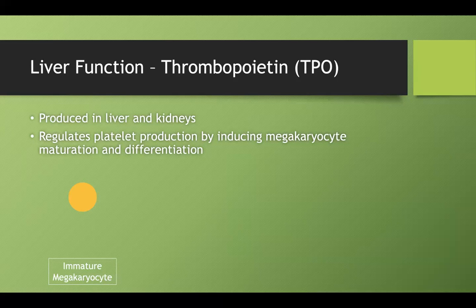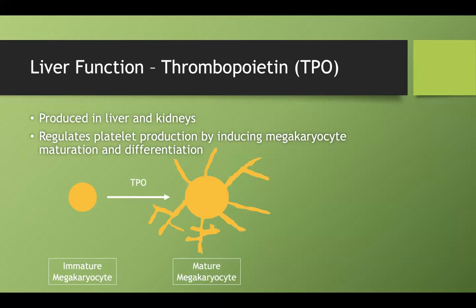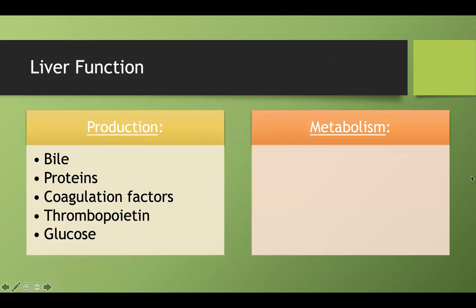In our bone marrow, the immature megakaryocytes need a little bit of help from the liver and the kidneys, and that help comes in the form of TPO. TPO tells these immature megakaryocytes to start growing. They grow into mature megakaryocytes, and then all these projections actually become the platelets that we see navigating our bloodstream.